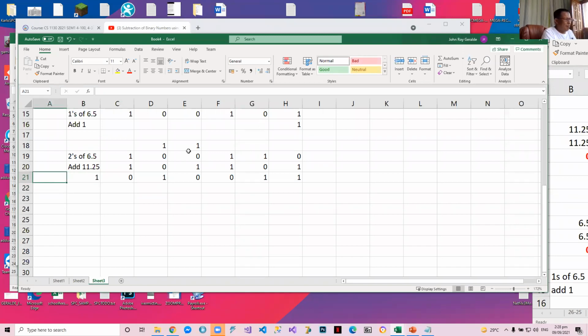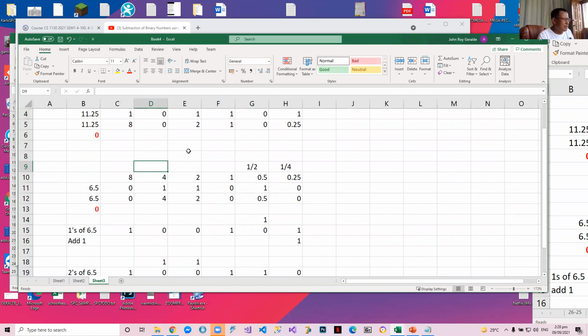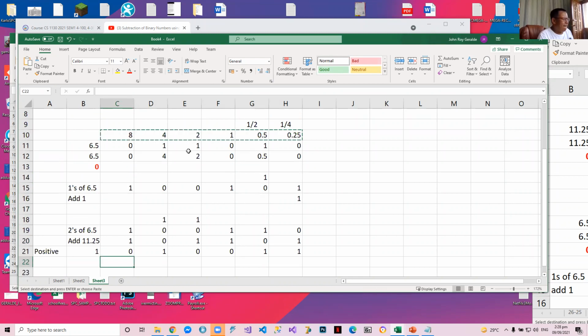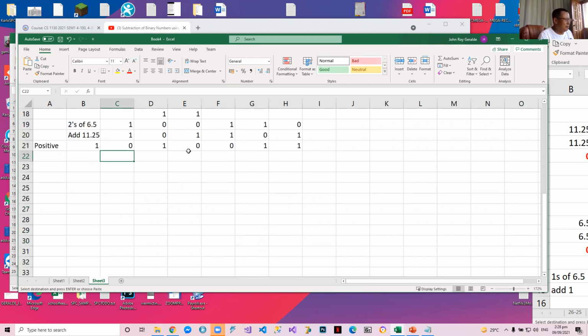So this is a positive number. Do you follow? Since this is a positive number, we can just use the place values. Right? Okay. And then we will multiply.